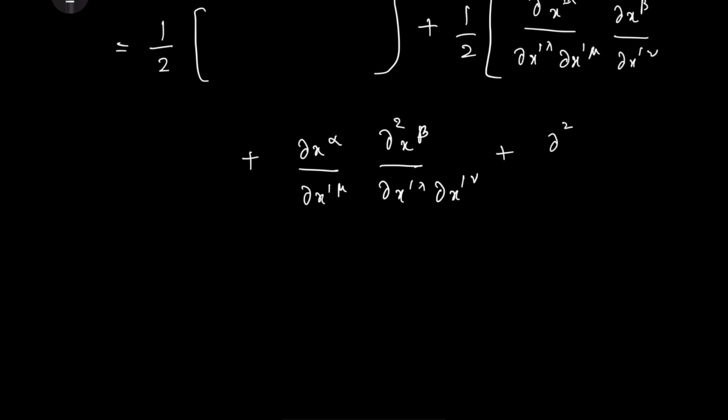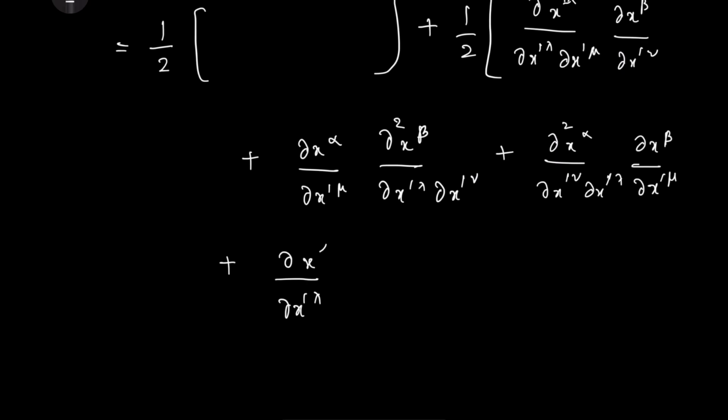The second derivative of x alpha with respect to x prime nu and x prime lambda, the partial derivative of x beta with respect to x prime mu, plus the partial derivative of x prime lambda with respect to x alpha, second derivative of x beta.